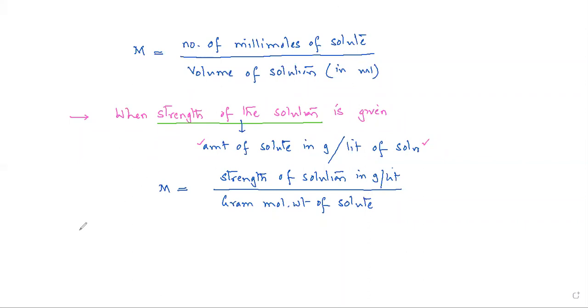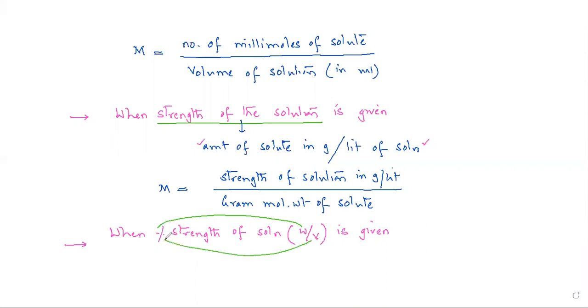Next. See, when percentage strength of the solution in weight by volume is given, percentage strength of the solution weight by volume, we know that it is nothing but the weight of solute, okay, present in 100 ml of the solution.